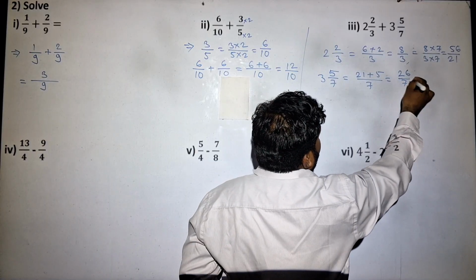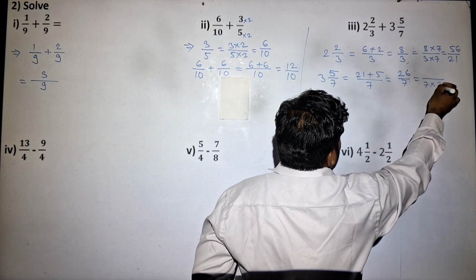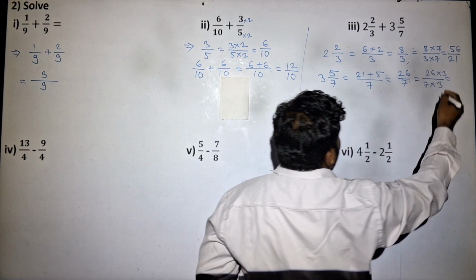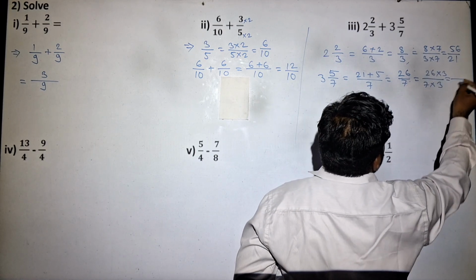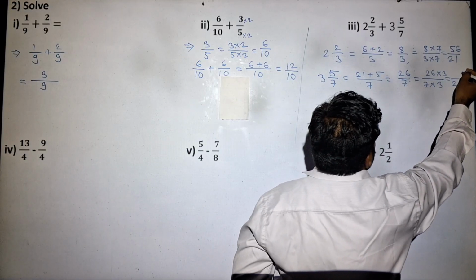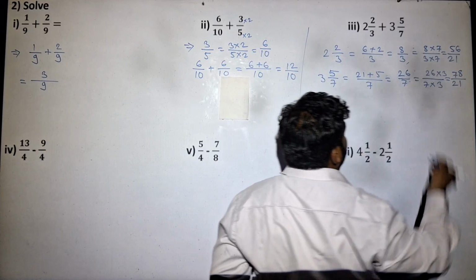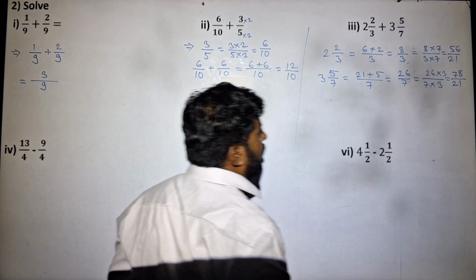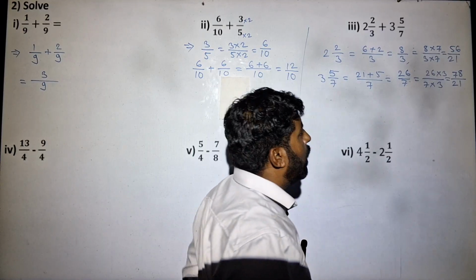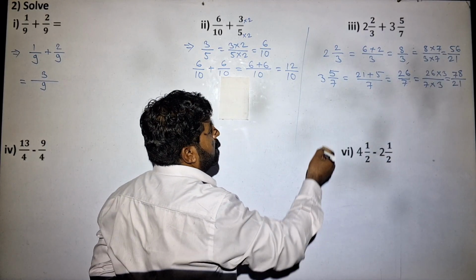Multiplying 26 by 3 and 7 by 3, 7 threes are 21, and we get 78 by 21. In both fractions the denominator is the same, that means they are converted into like fractions.